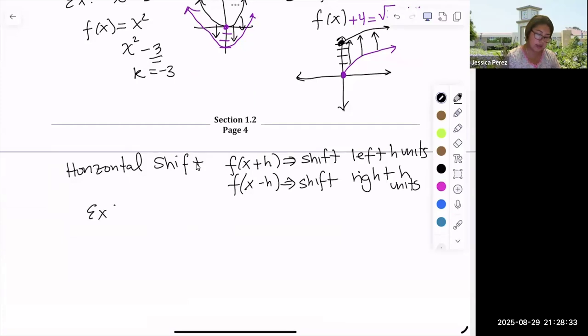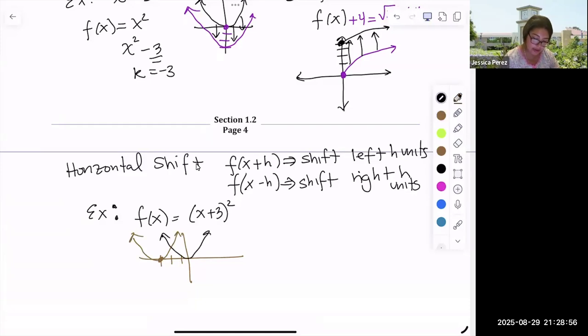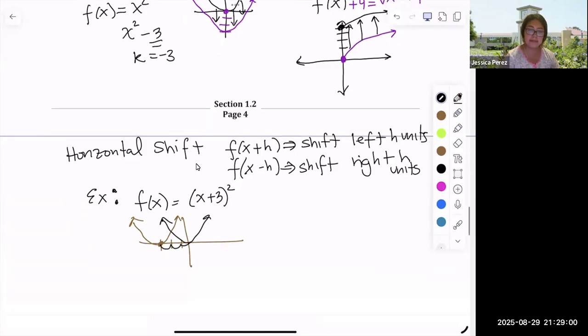Let's do an example. If I have f of x is equal to x plus 3 quantity squared, that is a shift to the left 1, 2, 3 units, and you're going to shift it horizontally. Your parabola, instead of being here at your center, is going to shift 1, 2, 3 to the left.